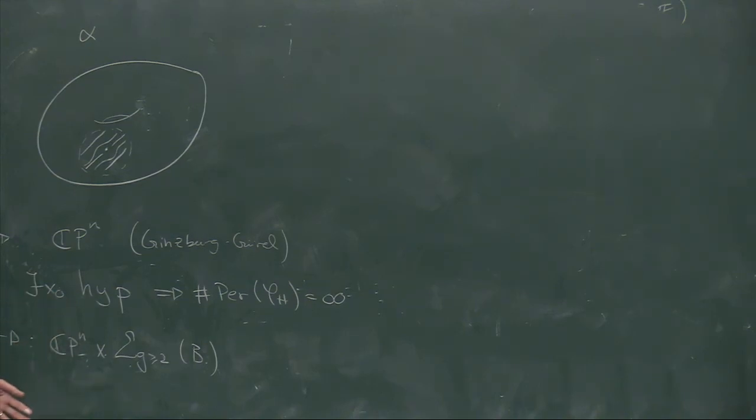Hyperbolic implies infinitely many. So it is true for CPN, and it's true for CPN times surfaces of genus greater or equal to 2. But this type of result does not hold here.